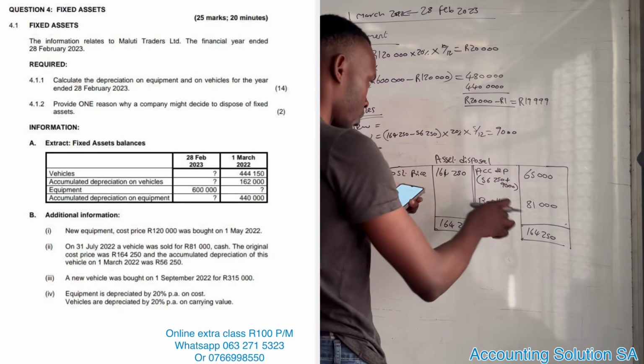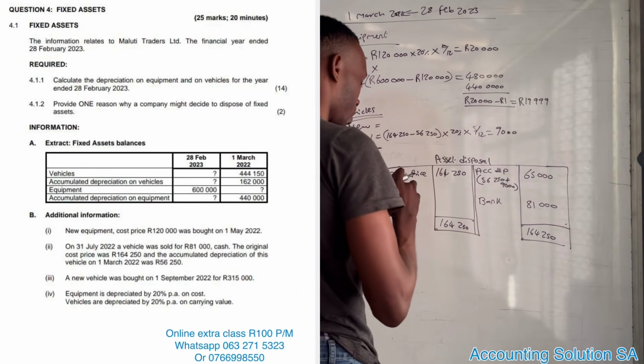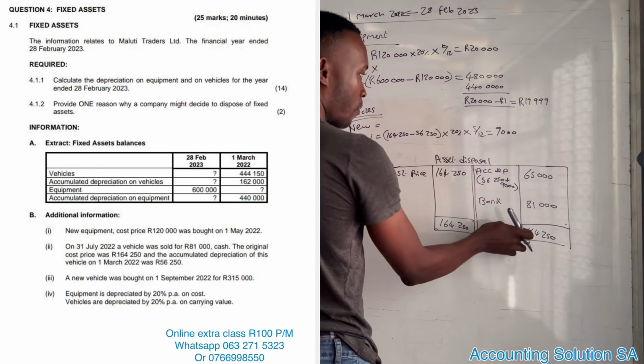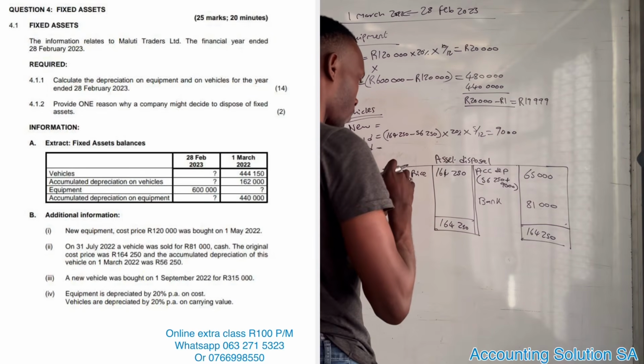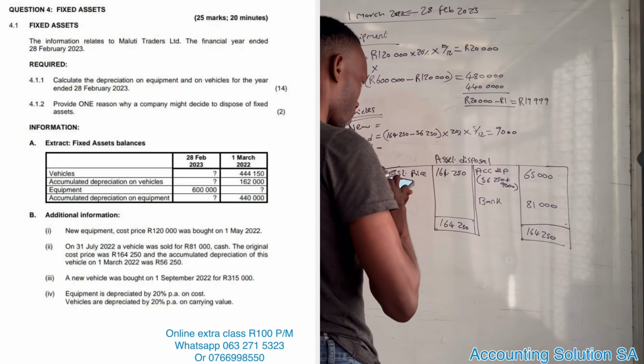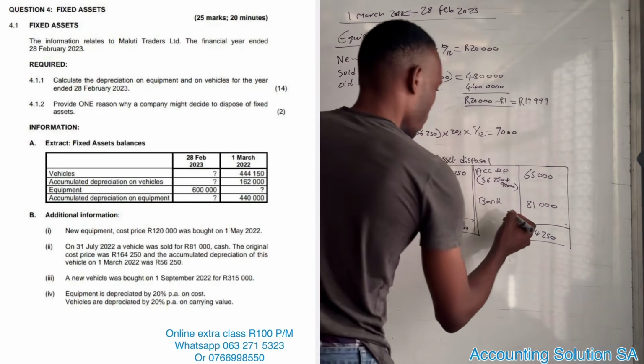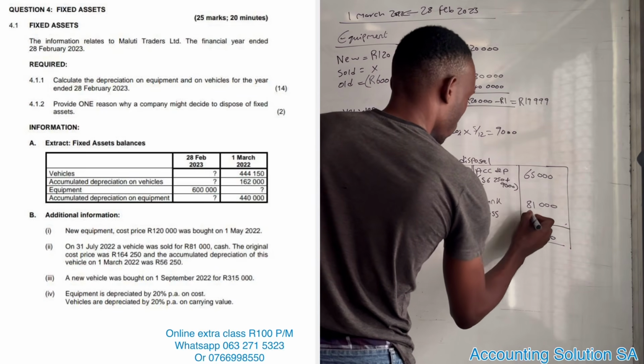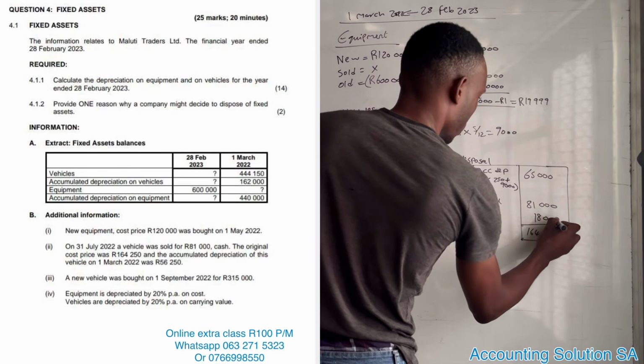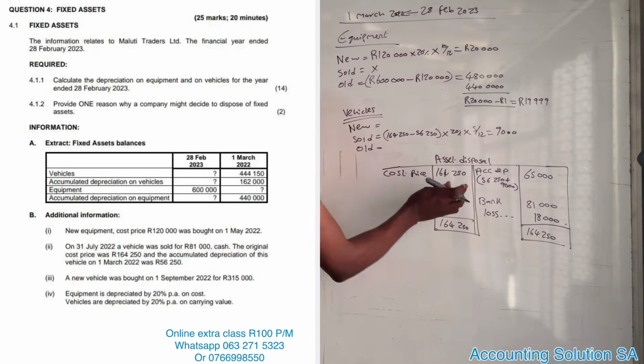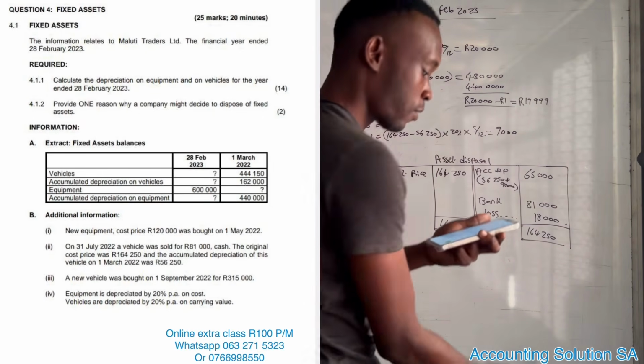You subtract everything on this side: 164,250 minus 81,000 minus 65,250. We have a loss of 18,000. Loss on sale of assets. If it was this side, it would have been a profit.